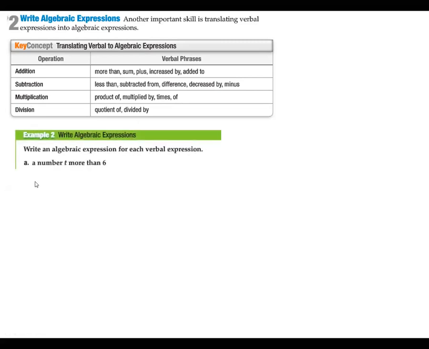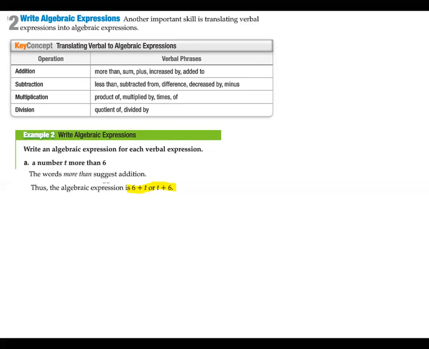So write an algebraic expression for each verbal expression. A number t more than 6. Well, the words more than suggest addition, so this would be 6 plus t or t plus 6. Now I want to say something about this. t plus 6 and 6 plus t basically mean the same thing, because when you add two numbers, it doesn't matter which order you add them.